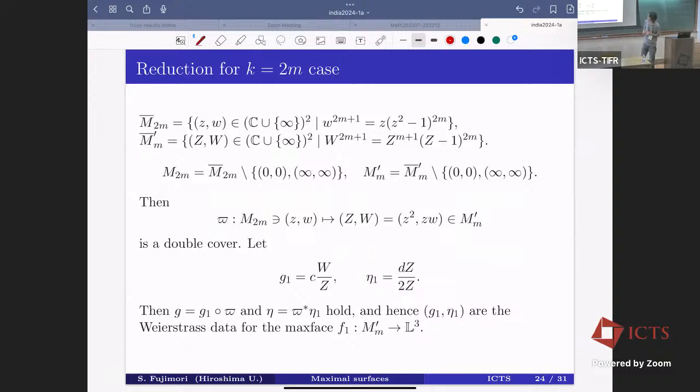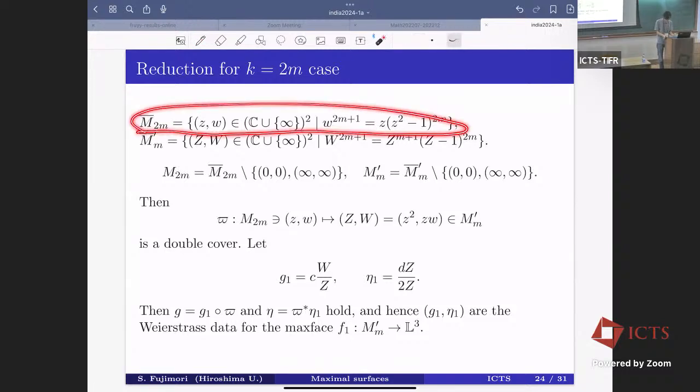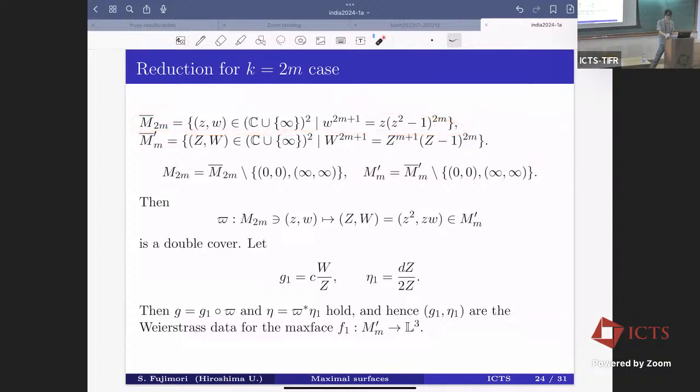And also, when k is an even number, say k equals 2m, one can write the Riemann surface this way. In this case, it can be considered as a double cover of some Riemann surface. So in fact, we define M prime this way. Then this is genus 2m, and this is genus m.